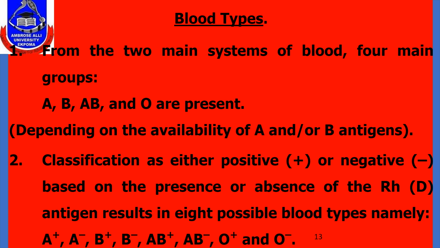From the two main systems of blood, four main groups can arise.